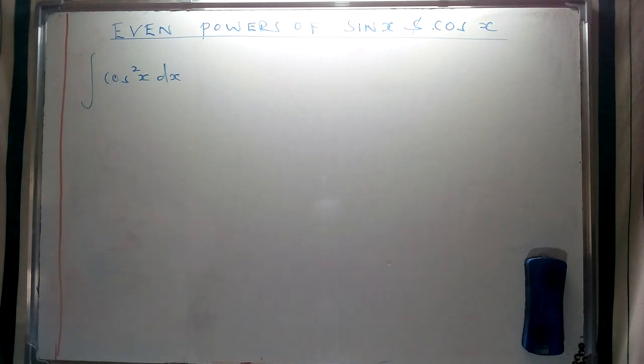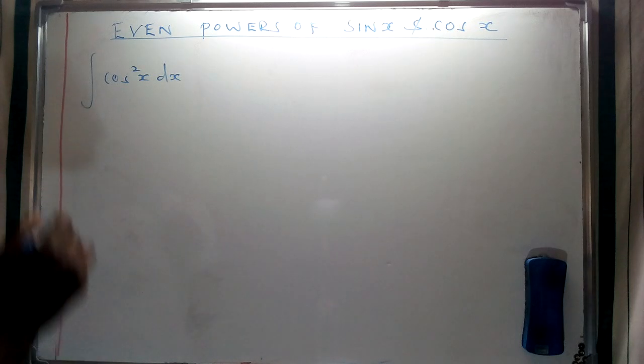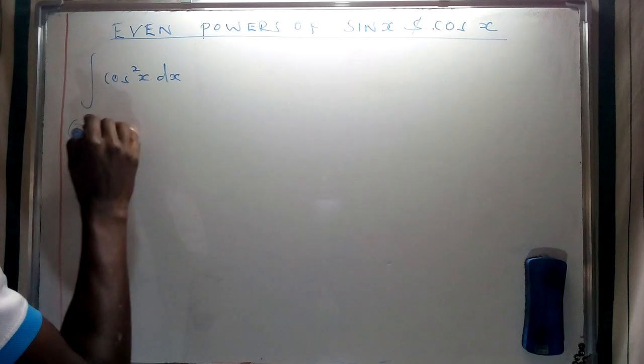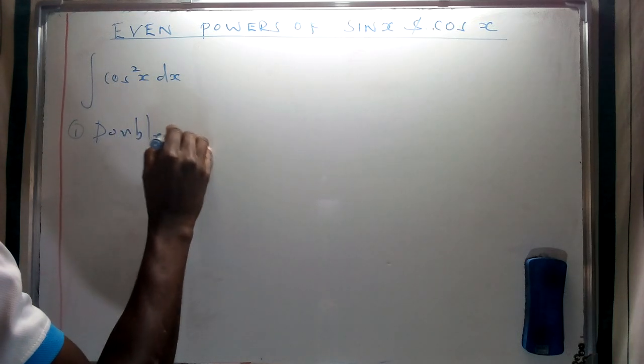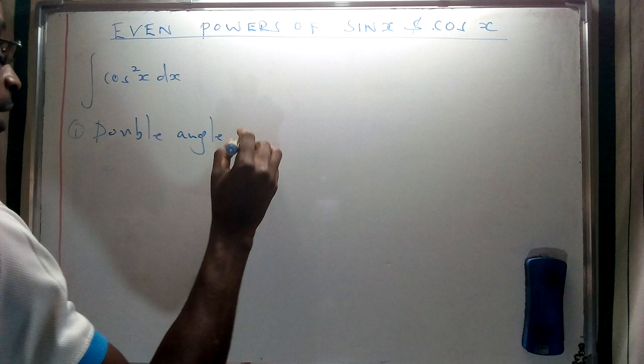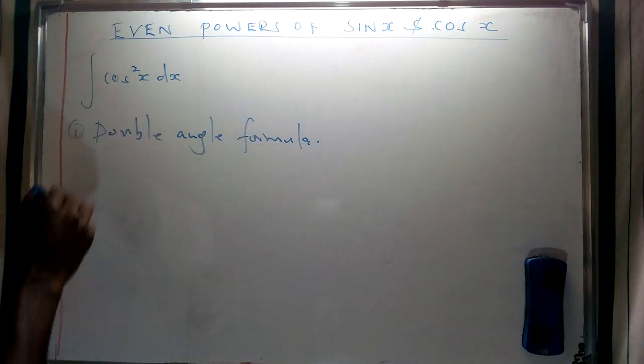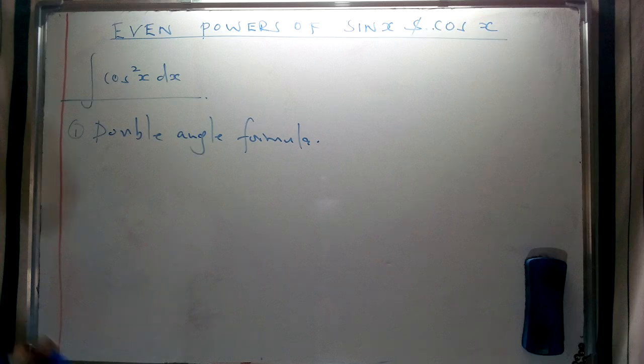So in our discussion, there are some specific rules which are going to be applicable, and these are the double angle formula rule, which we're going to apply along the way in evaluating this specific integral that I've given on the board.